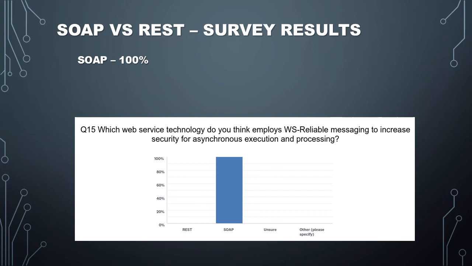Which web service technology do you think employs WS reliable messaging to increase security for asynchronous execution and processing? This was talked about a little bit in the survey description, so I'm assuming that people chose SOAP because of that, which is correct.